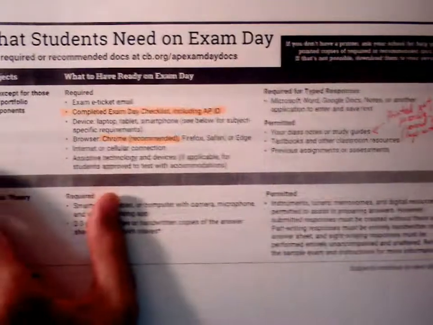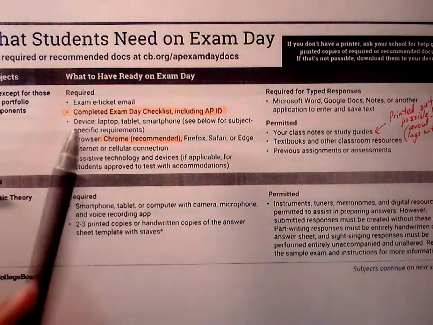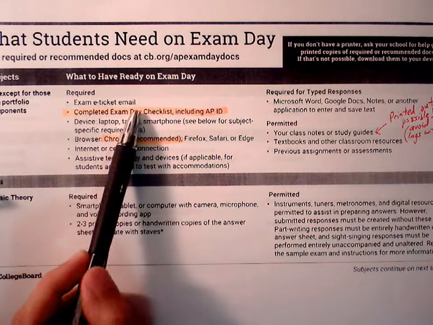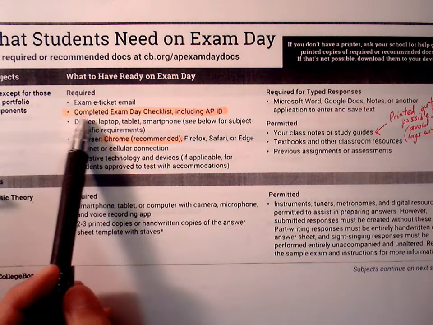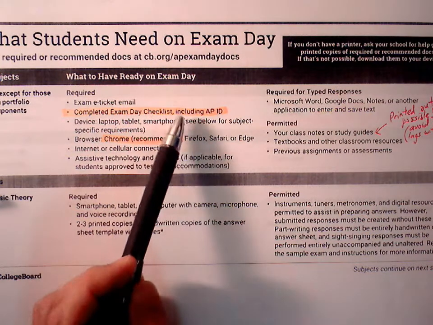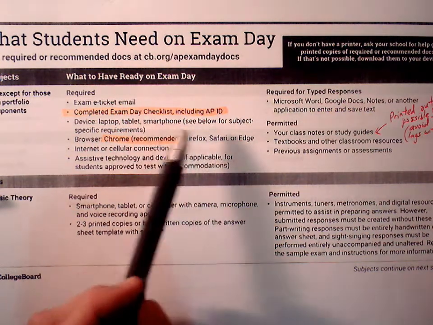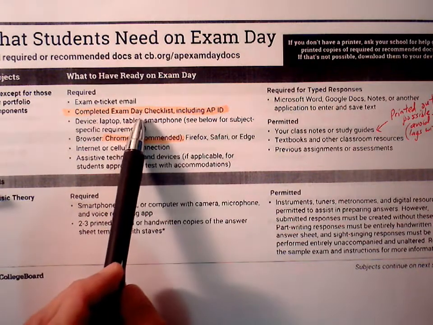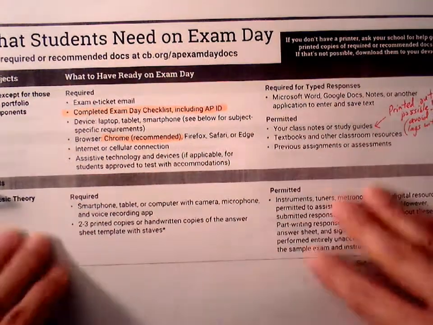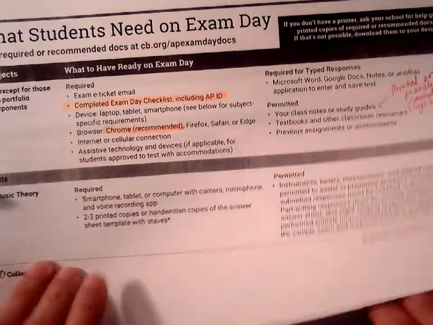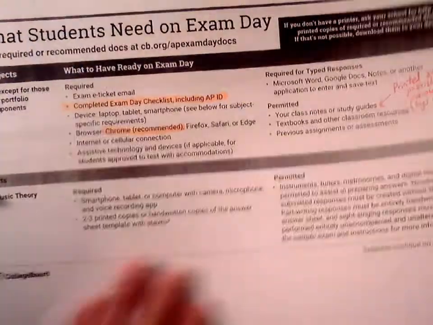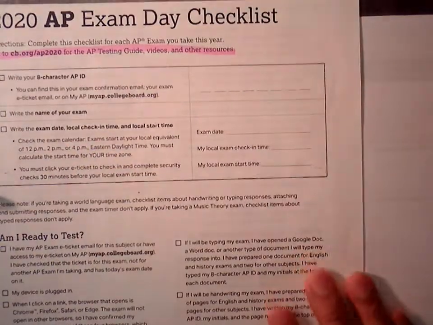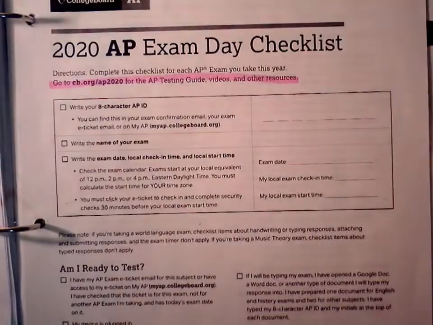All right, so what you want to do is have your exam ticket email. You want to have your exam day checklist printed out. That way you can have everything next to you and make sure everything is in order before you submit. And the exam day checklist is going to look like this: 2020 AP Exam Day Checklist.